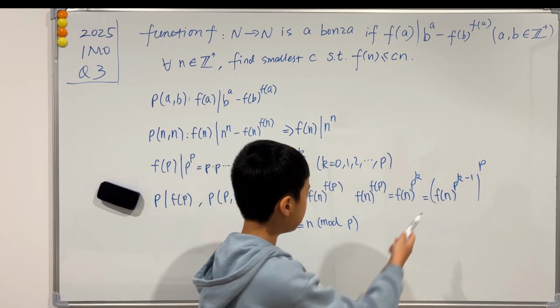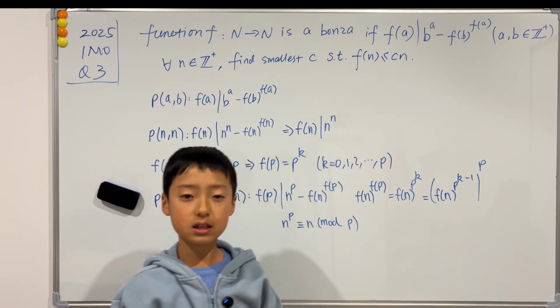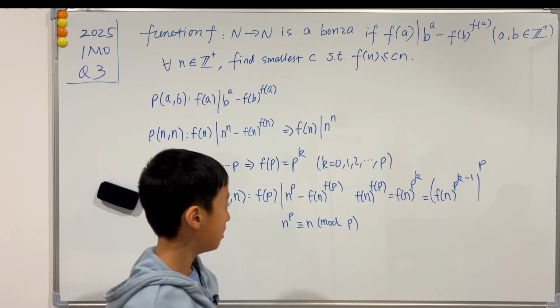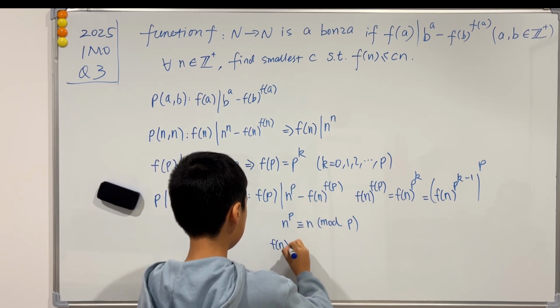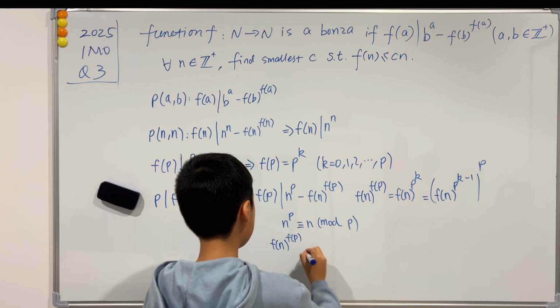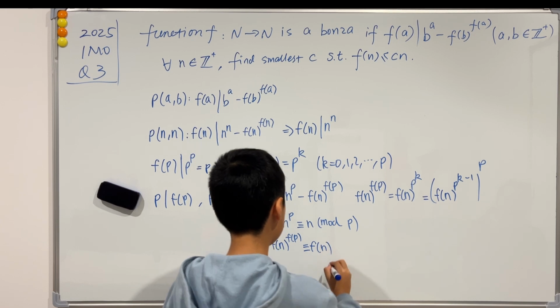But then the inside is congruent to the power of p^(k-2). If we keep repeating, then we see that f(n)^f(p) will at last be congruent to f(n) mod p.